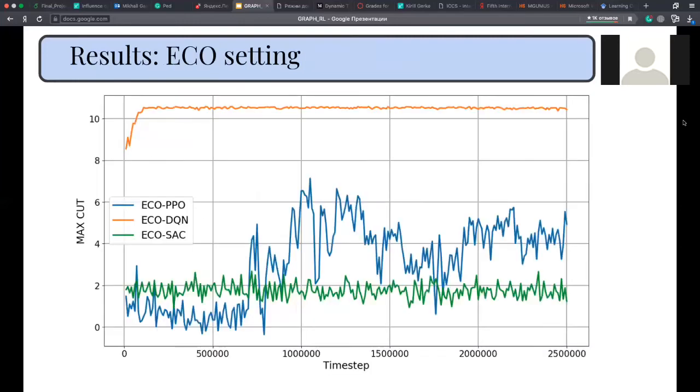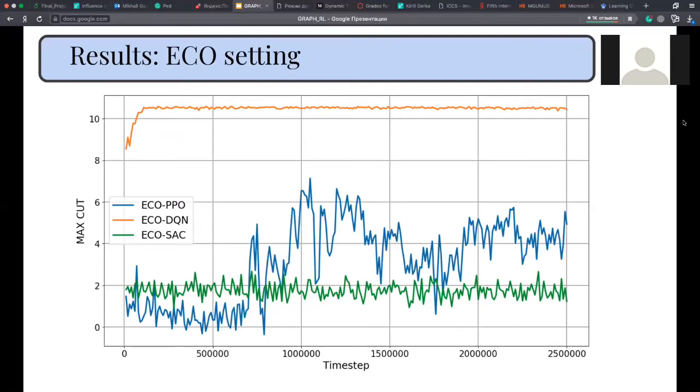On the next slide, you can see the results that we have received for both the ECO and Struct2Vec settings. Here you can see that, although unfortunately both of the algorithms underperform compared to the original ECO-DQN, proximal policy optimization manages to learn higher valued cuts after 1 million time steps.